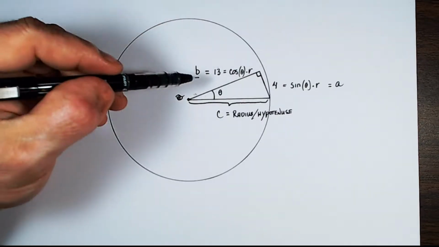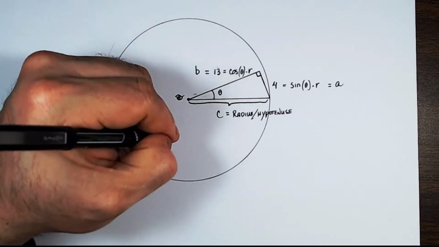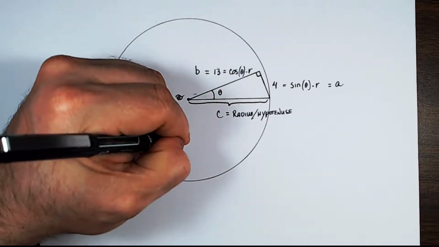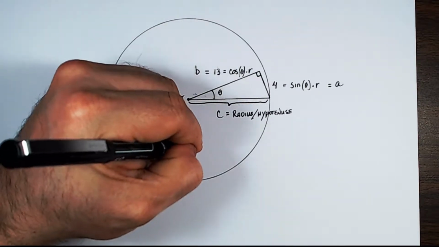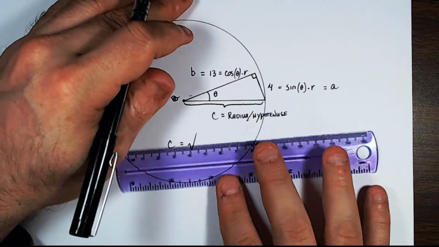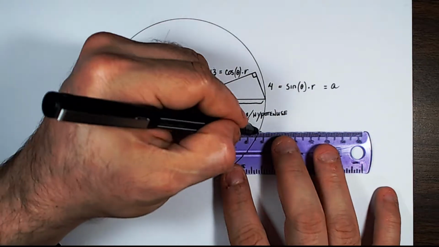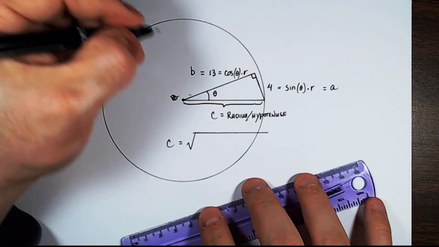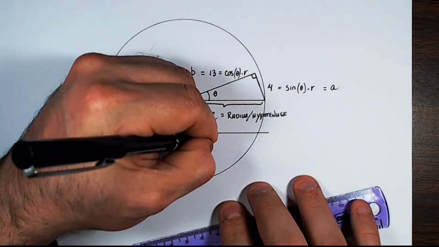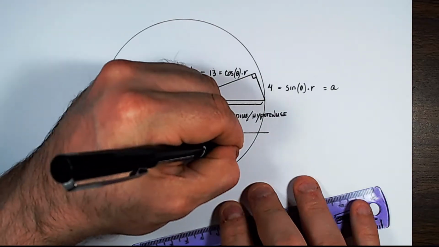All right. So C equals the square root. This is just an application of the Pythagorean theorem. The square root of a squared plus b squared.